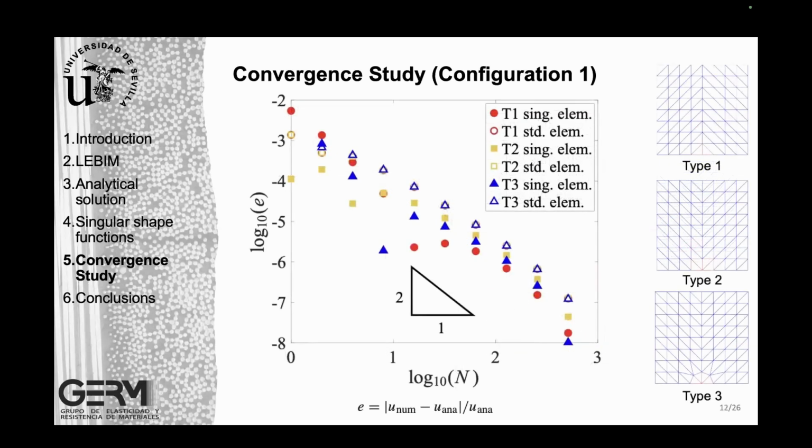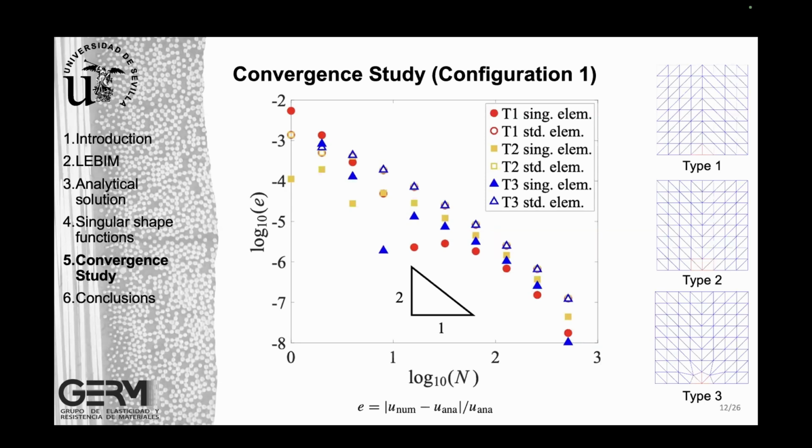If we go further, and we also check the 3 different types of meshes we are studying, we can see in this plot the different errors we obtain with a different number of elements. As we see, we are in a logarithmic scale, so we are talking about orders of magnitude of differences in the results.